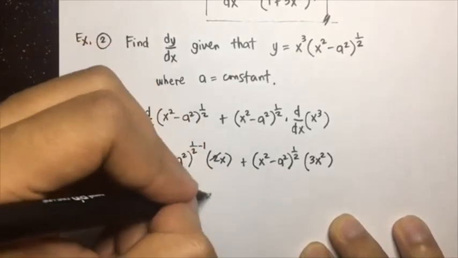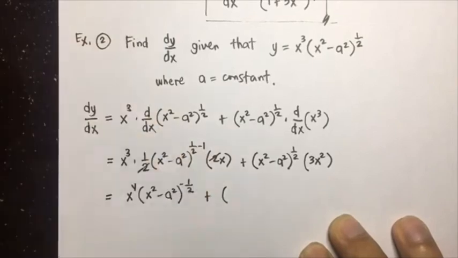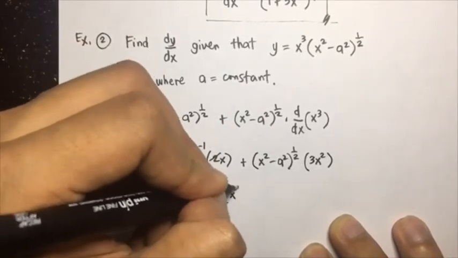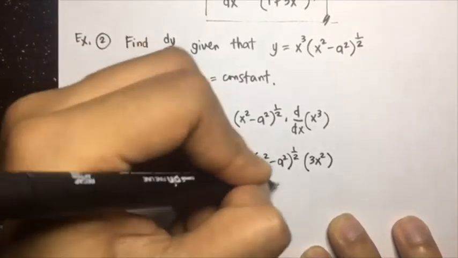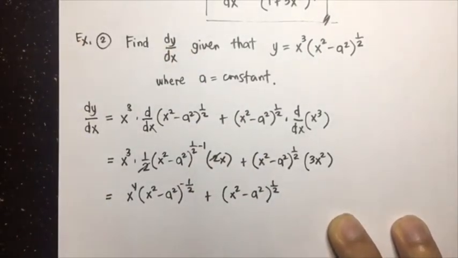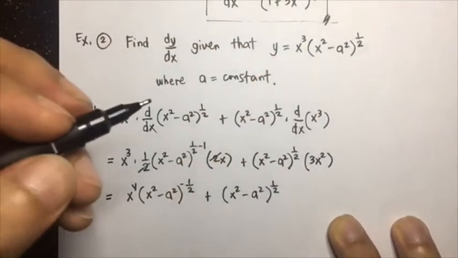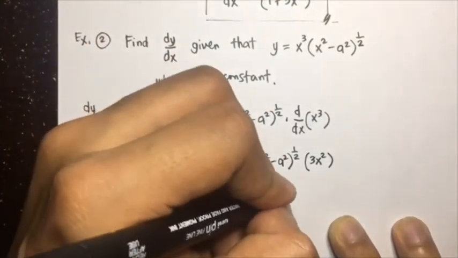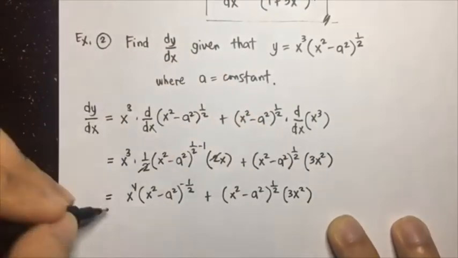Plus x squared minus a squared raised to 1 half multiplied by 3x squared, sorry. So let me just rewrite that.